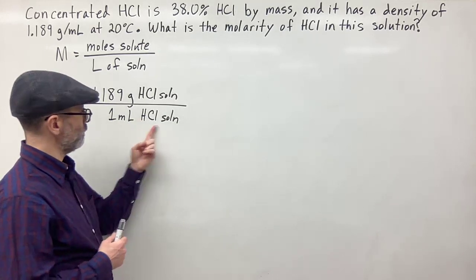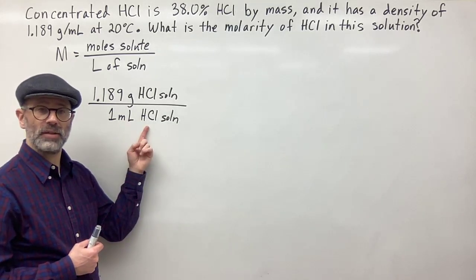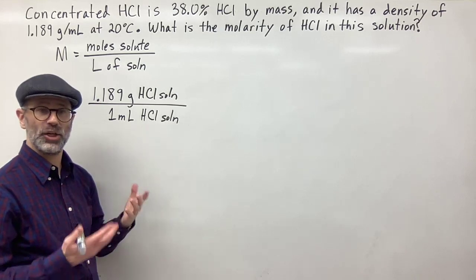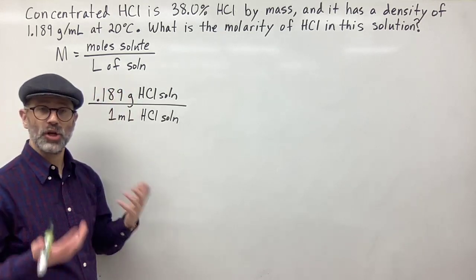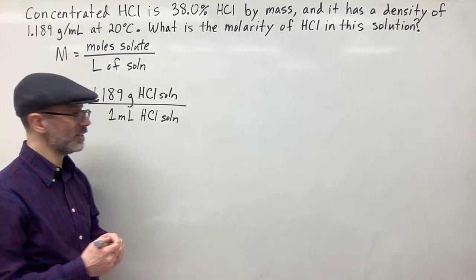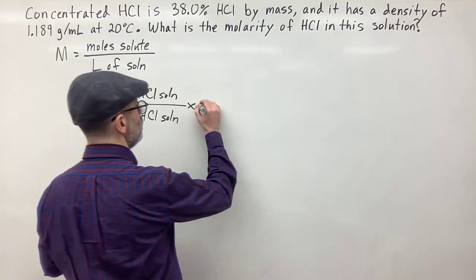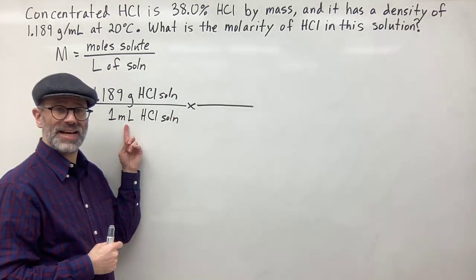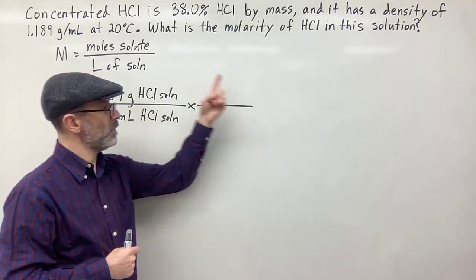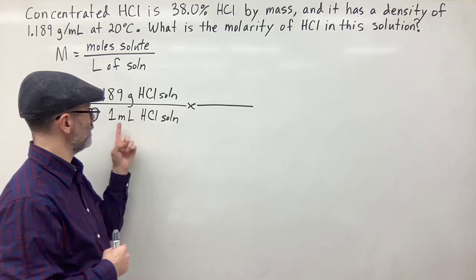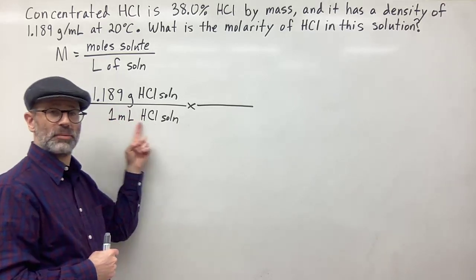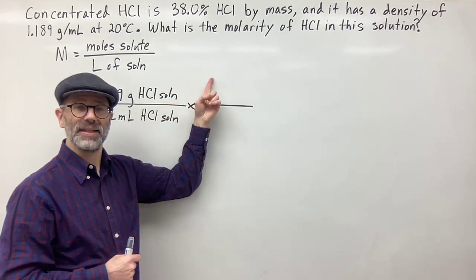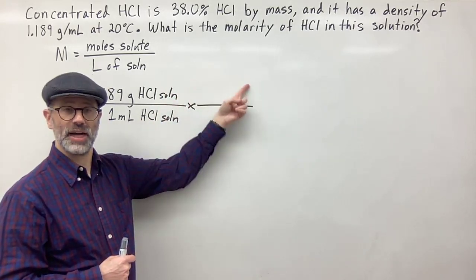So let's go ahead and convert the bottom part. So we have 1 milliliter of the HCl solution. We want liters of the solution. So all we need to do is convert milliliters to liters. I have milliliters on the bottom here, milliliters of the HCl solution, so I want milliliters of the HCl solution on top.